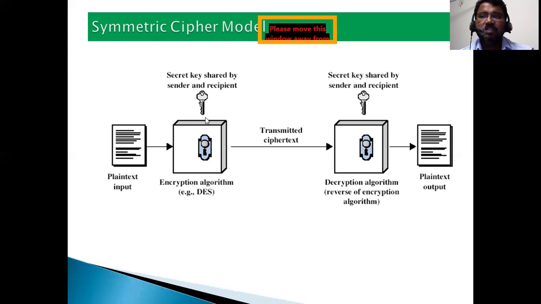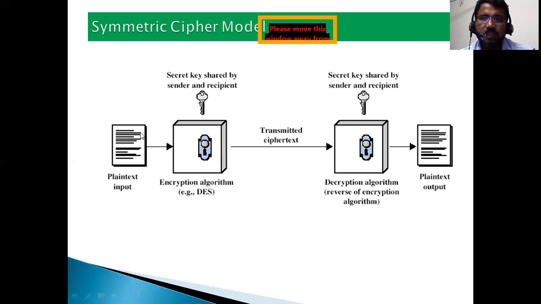So we encrypt this message and transmit it, and the receiver receives the encoded message, which is sent to the decryption algorithm. It uses the same secret key which was used by the sender, and then we get the plain text.